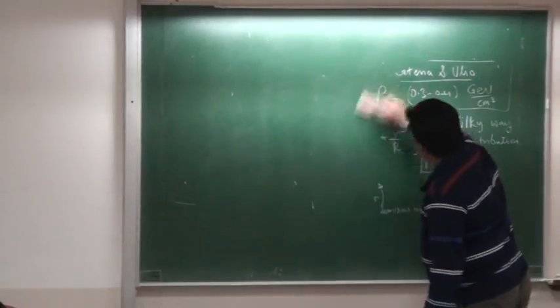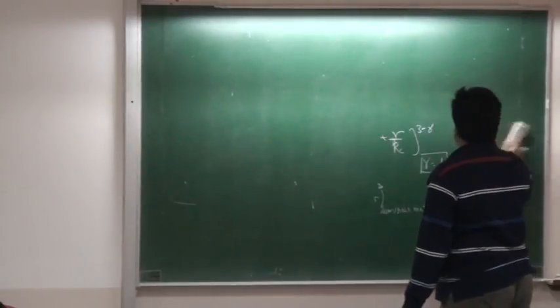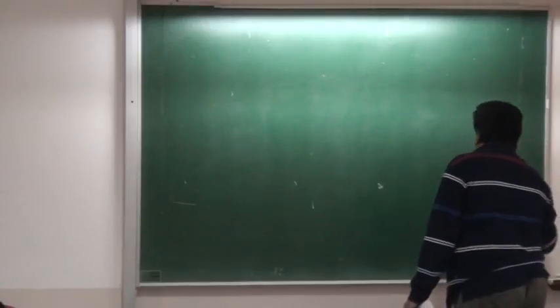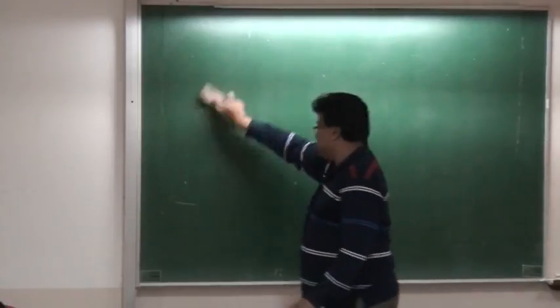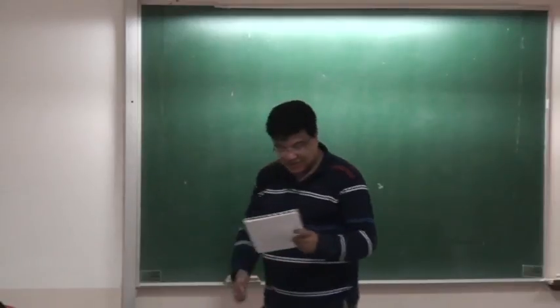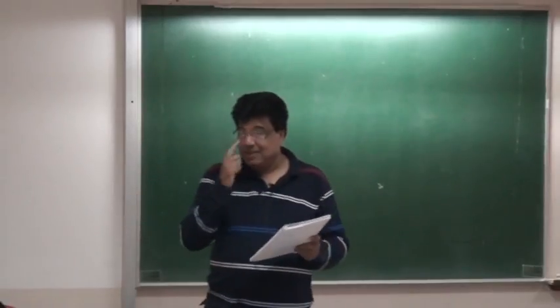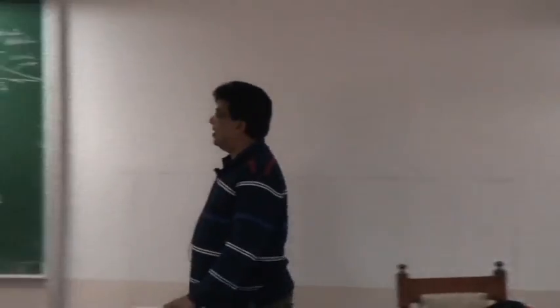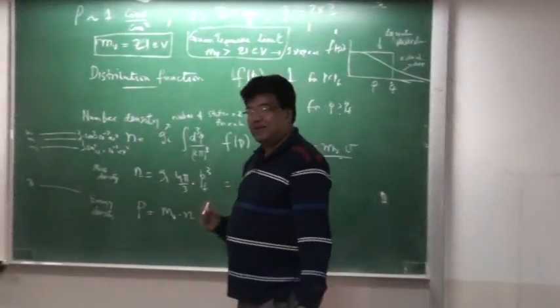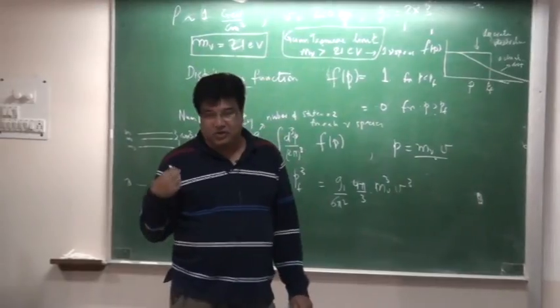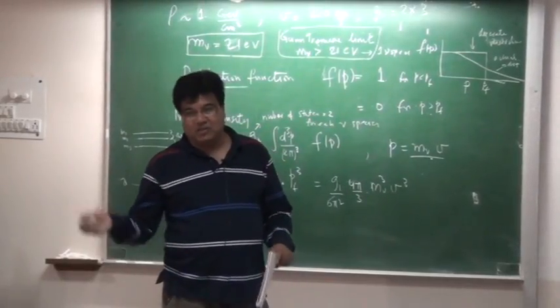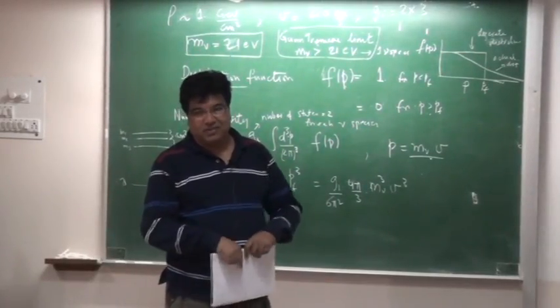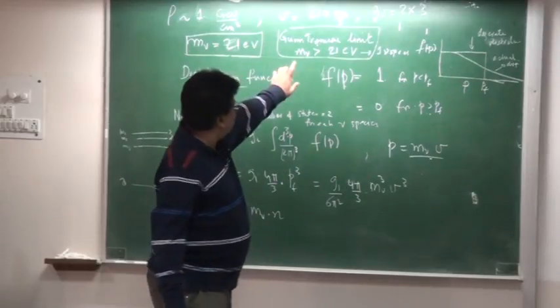Now it spreads out, and the area under the curve is the same. I have one more topic to cover. The idea is that this is actually not possible, because I'll now calculate from cosmology what the expected neutrino mass is, and the neutrino mass will be less than an electron volt. I'll show you.